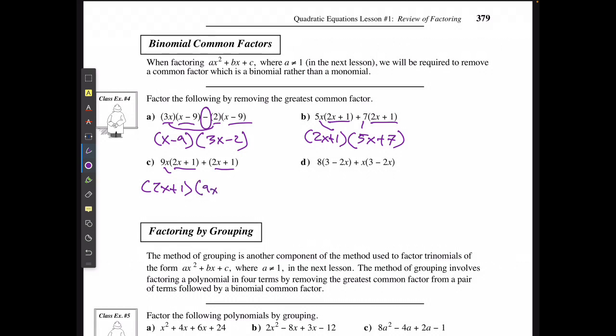And if it doesn't write anything, I know there's always an imaginary 1 beside the coefficient, so plus 1. And in the last case, I have a common factor of 3 minus 2x. And then I have the 8 and positive x.